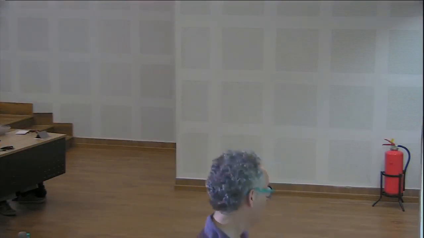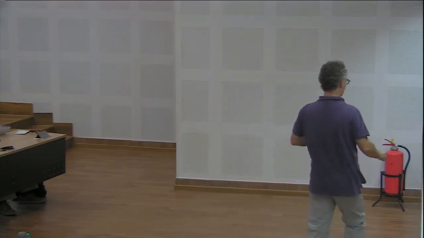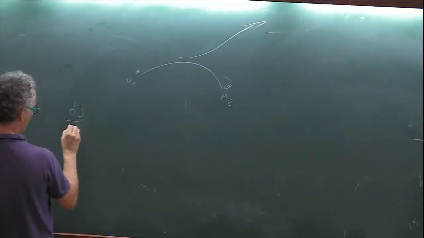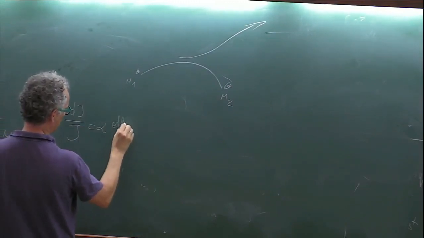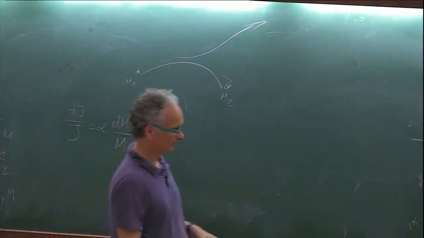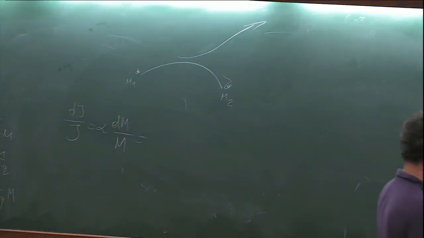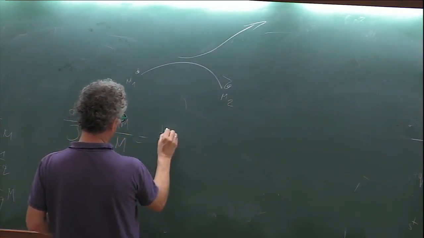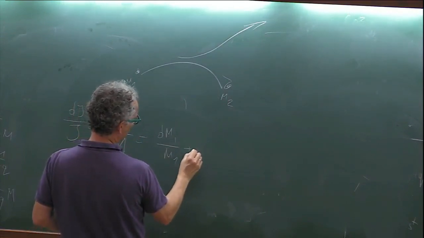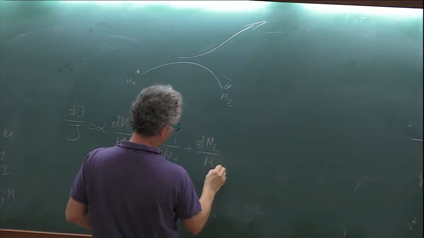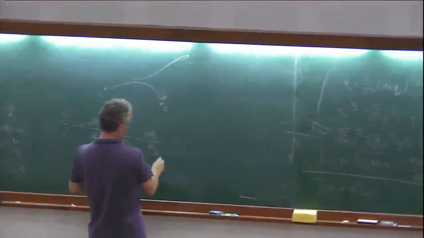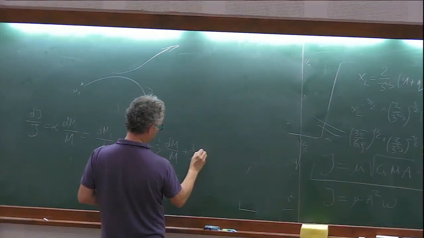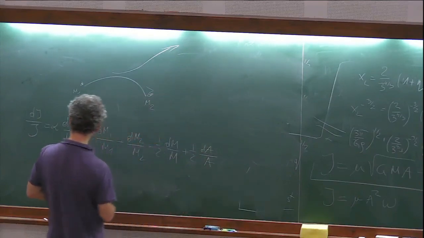In this simple model, we can quite easily write a formula that shows the orbit evolution, because we have dJ over J equal to alpha dM over M, and dJ over J has to satisfy this equation, so it has to be equal to dM1 over M1 plus dM2 over M2 minus 1/2 dM over M plus 1/2 dA over A.